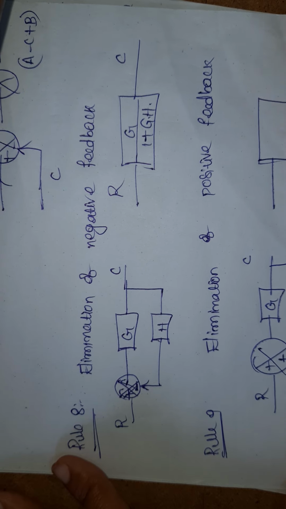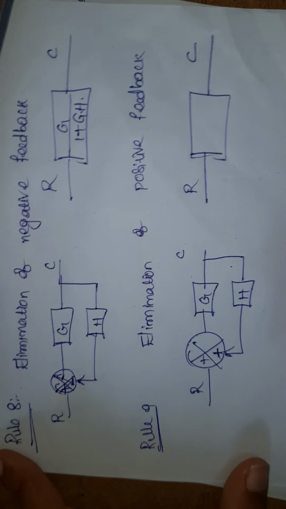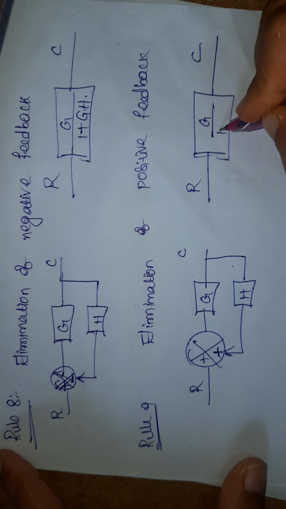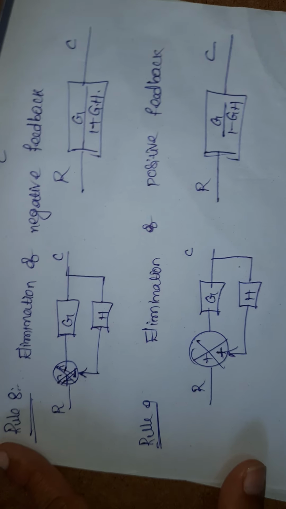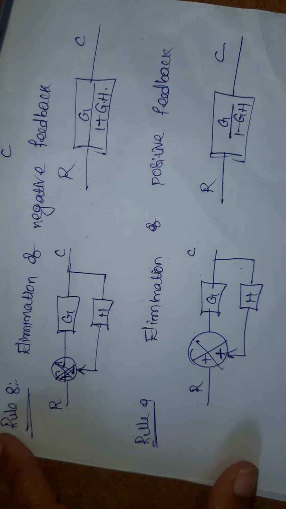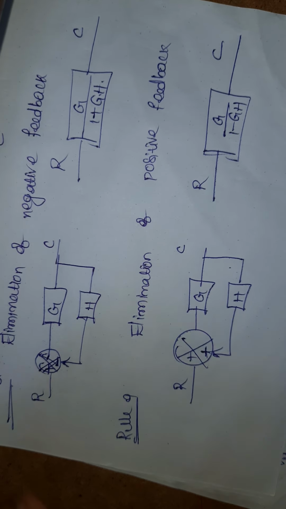Now I have to get only one block, and instead of the positive symbol, I will get 1 minus GH. Okay, so these are the 9 rules for block diagram reduction techniques. We'll see problems in the next session. Thank you.